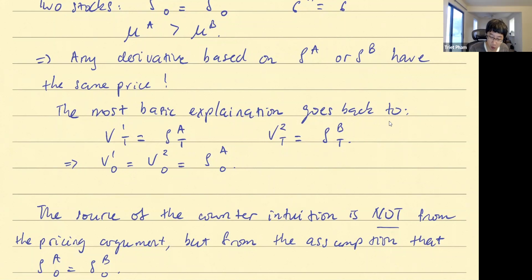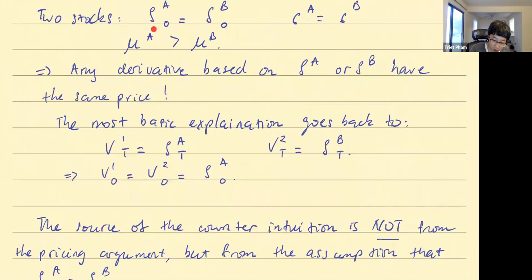It accepts that the current two stocks are like this to begin with. It just says that if these two stocks have the same price right now, then consistently speaking, in the no arbitrage framework, any derivative based on these two stocks must have the same price, as long as they have the same level of volatility.